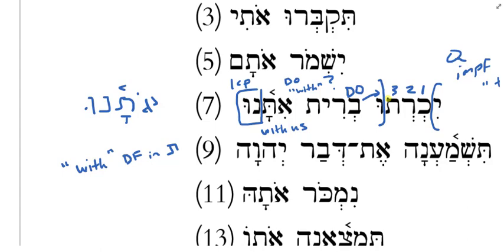Of course, I jest. But do you see how when you have a direct object already, then that's also another reason to be thinking this is probably the preposition "with." All right, so otanu would be the direct object marker with "us" as the pronominal suffix. Okay, does that help? Yes.